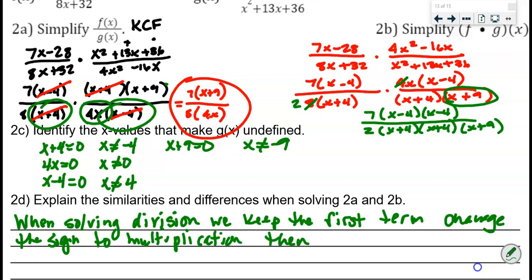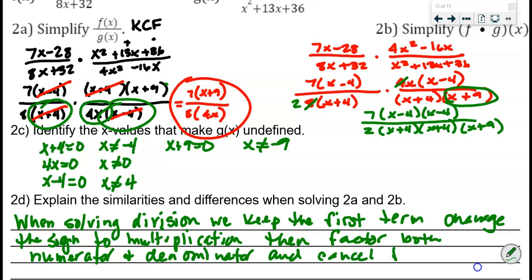Then factor both numerator and denominator, and cancel factors that are repeated.